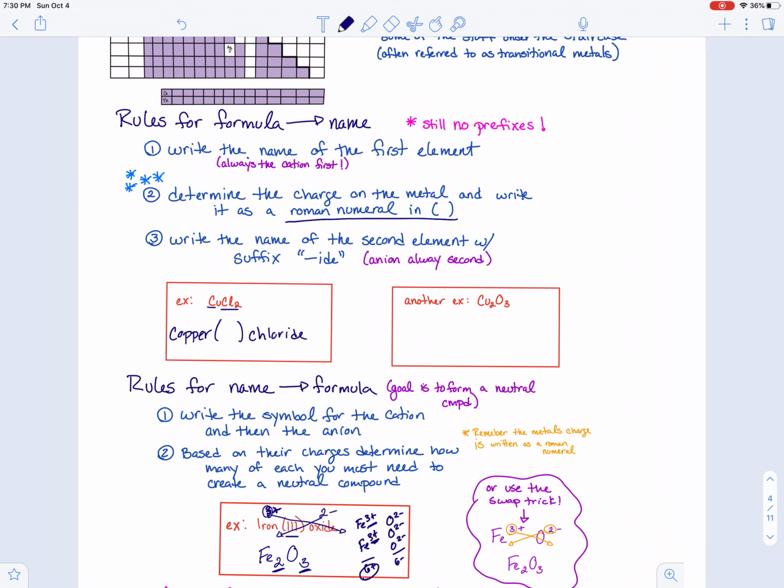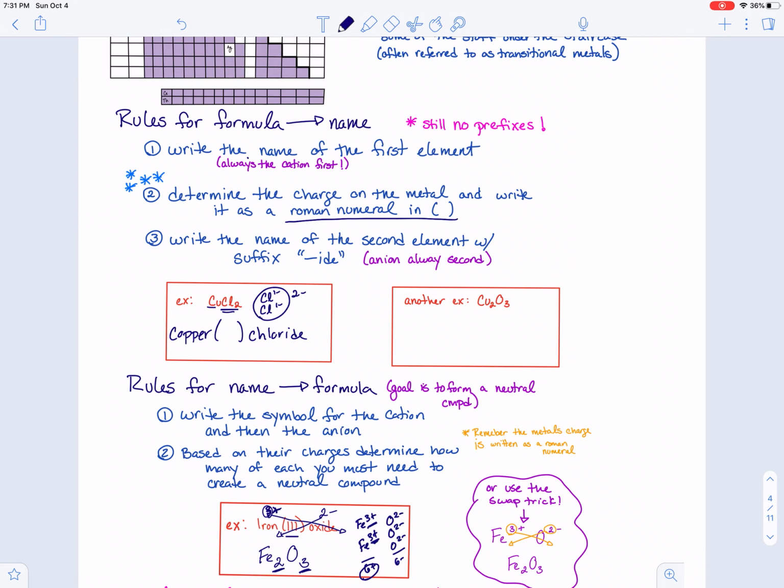Now, the question is, what is the charge on this copper? Because copper comes in various charges. So what I'm going to have to do is look at my anion. So I see that I have 2 chlorides. I know that every 1 chloride has a minus charge, and I have 2 of them. So I have a total of a 2 minus charge over here.